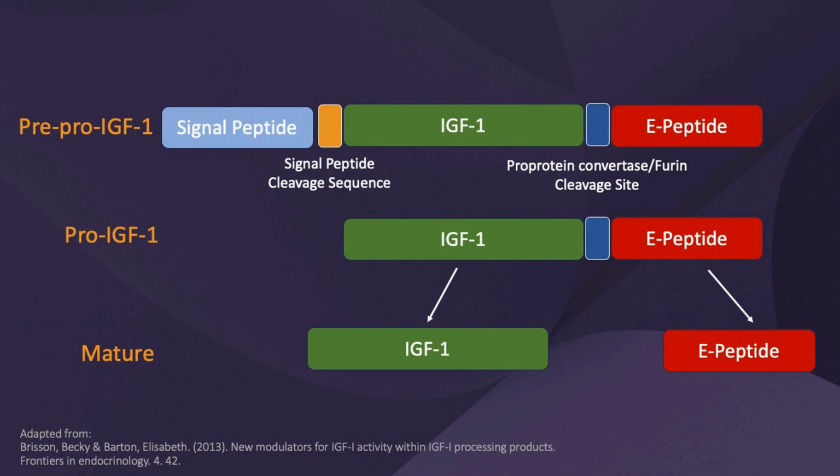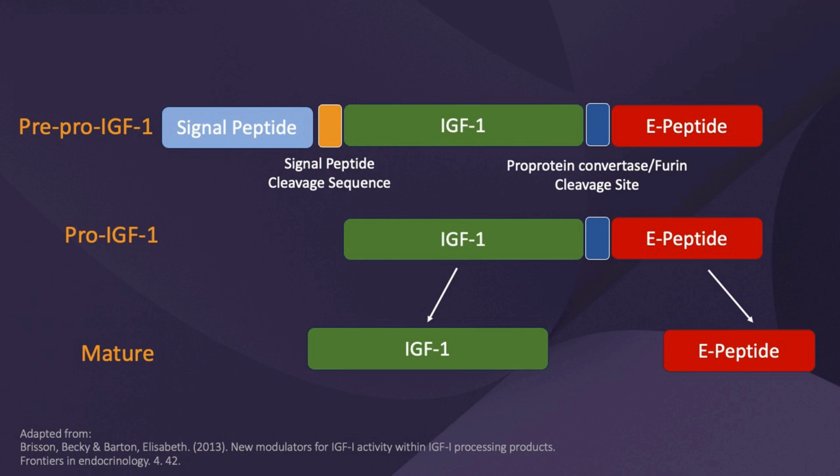When IGF-1 is produced, it's initially part of a larger precursor molecule. As this molecule is processed, the mature IGF-1 is released, and the remaining parts, which are the E-peptides, are cleaved off. There are different E-peptides depending on the specific splice variant of the IGF-1 precursor.